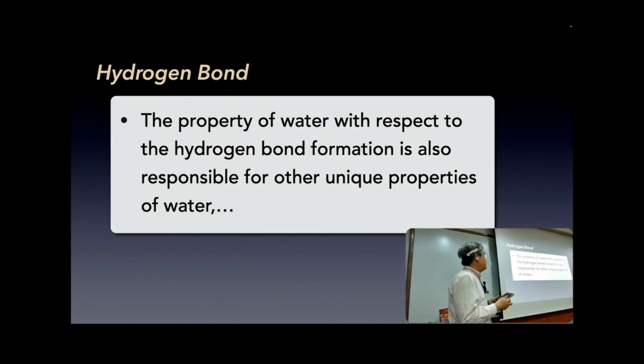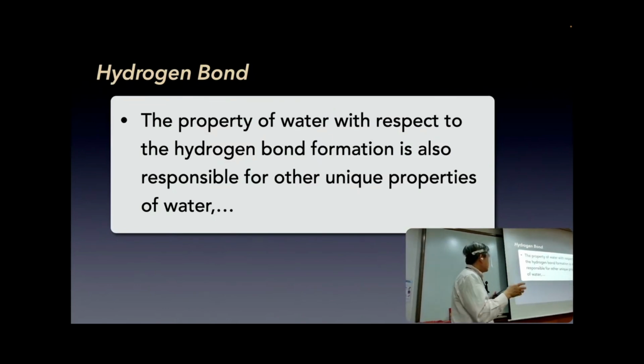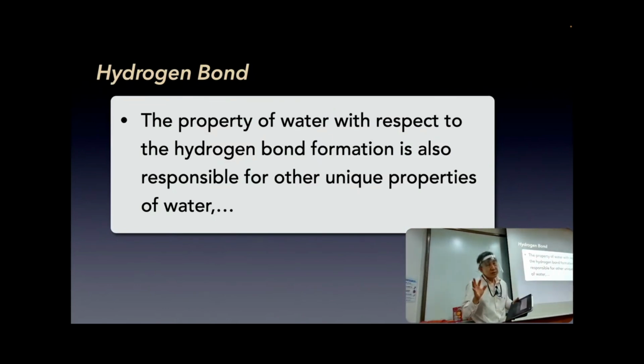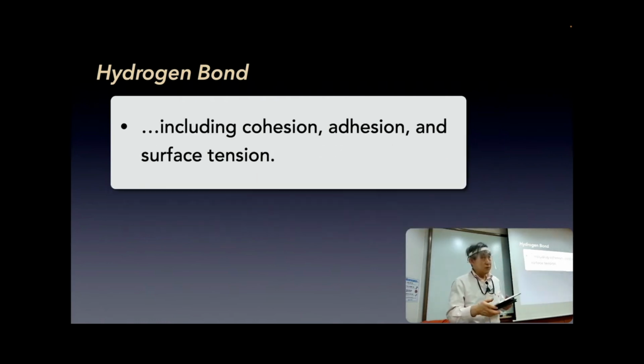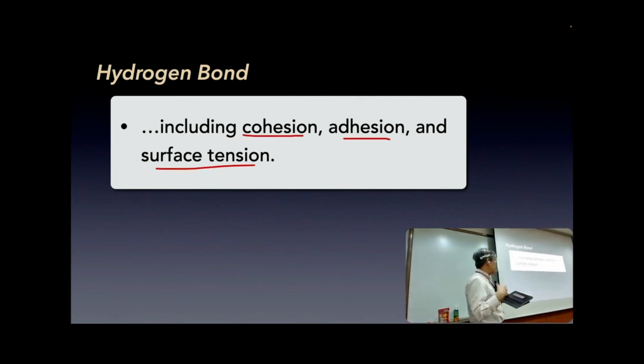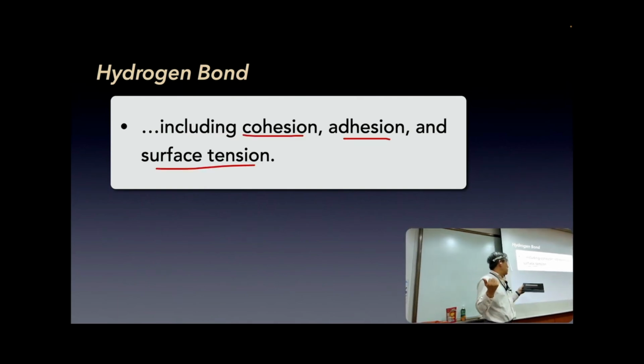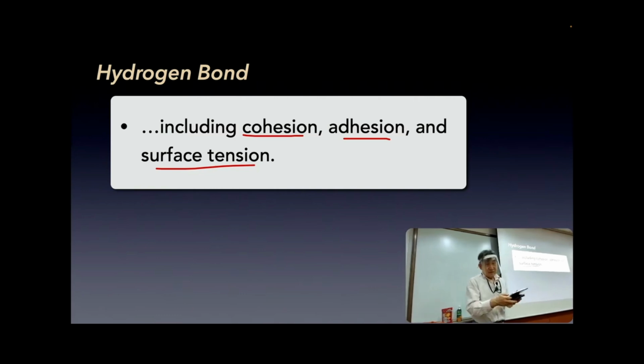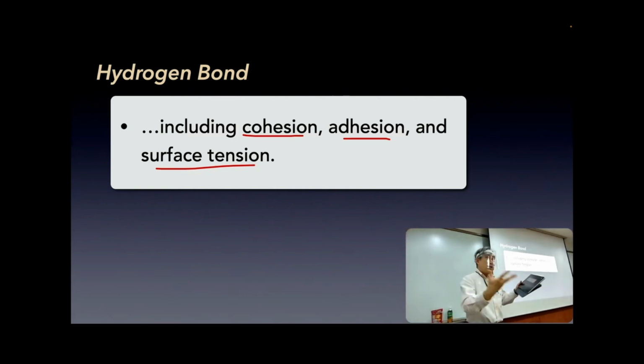Other unique properties of water also come from this very hydrogen bond property, including cohesion, adhesion, and surface tension. What's the difference between cohesion and adhesion? I found a very intuitive cartoon explaining the difference.